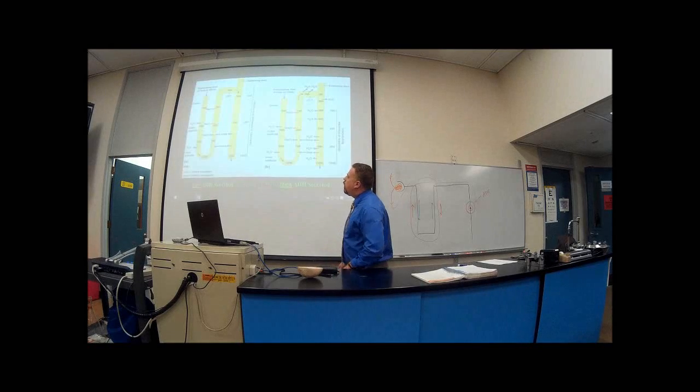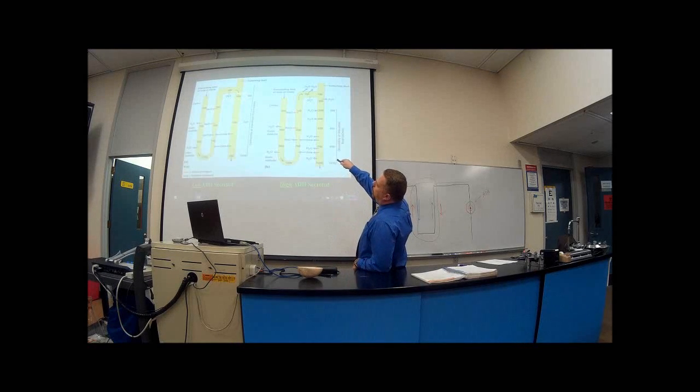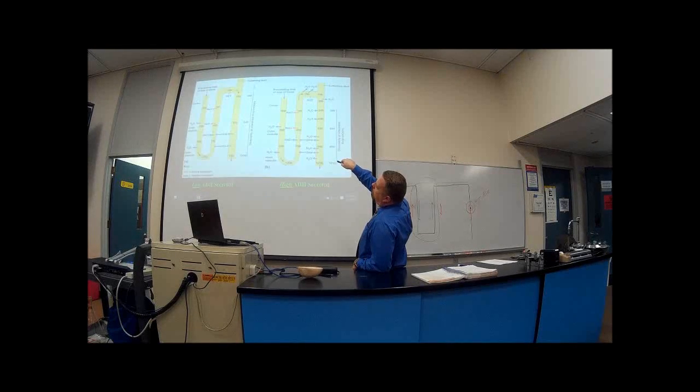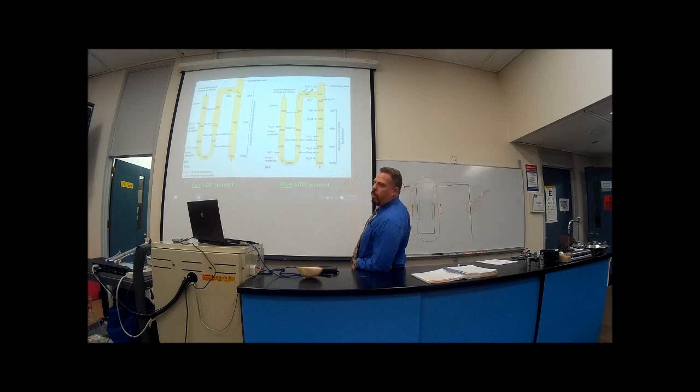All right? So just to show you, in an area that has low ADH, here's your collecting duct, here's your loop of Henle. If we don't have much ADH around here, then water will stay in here and go out in your urine.